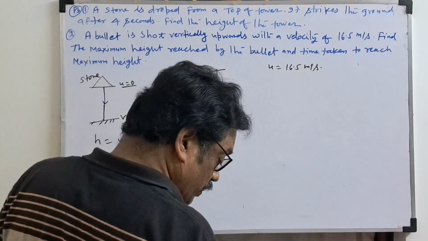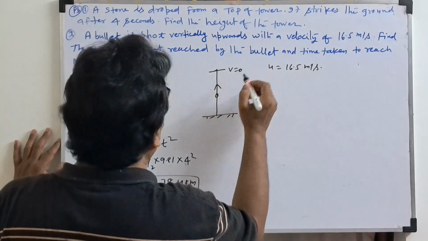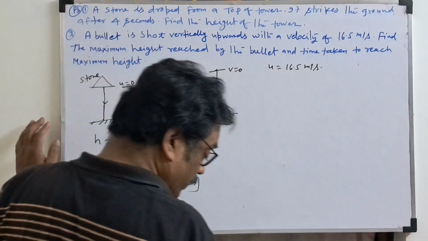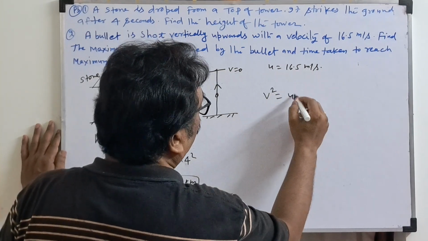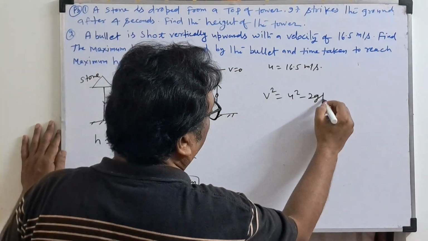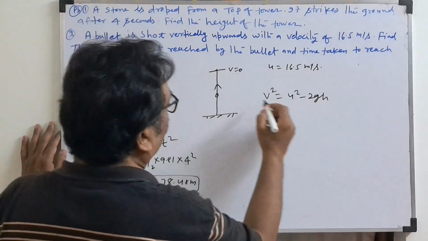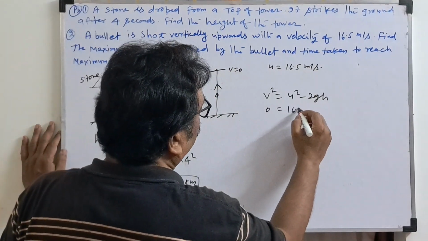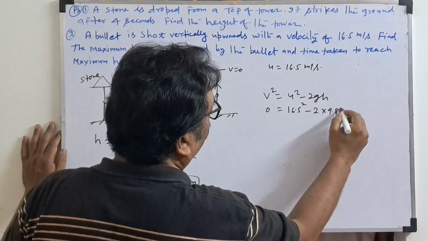So now look what we'll do here. The final velocity will be 0. So which formula will we use here? v square is equal to u square minus 2gh, because this is going against gravity. So the final velocity will be 0. u is given as 16.5, minus 2 into 9.81.